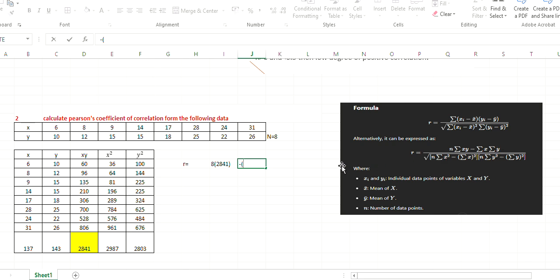So what is summation x? This is summation x, right? Minus summation x is 137 into summation y.